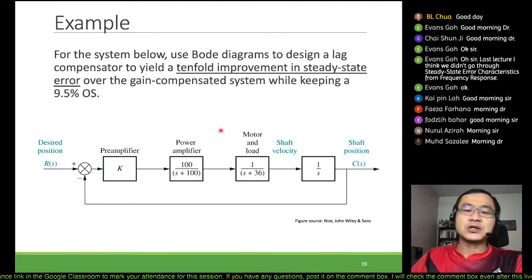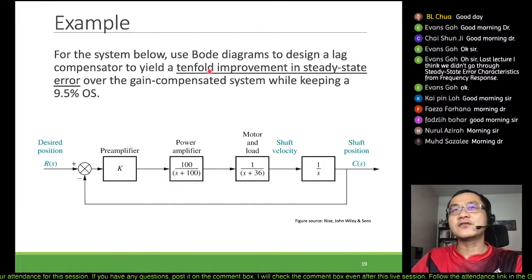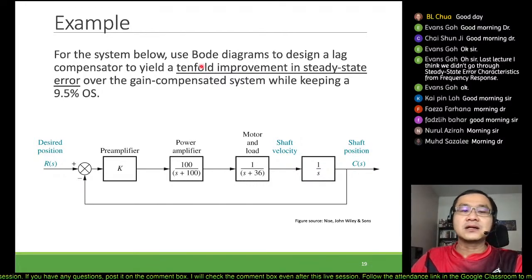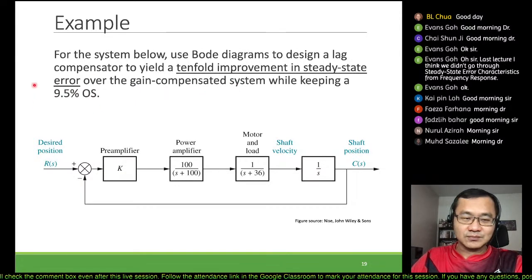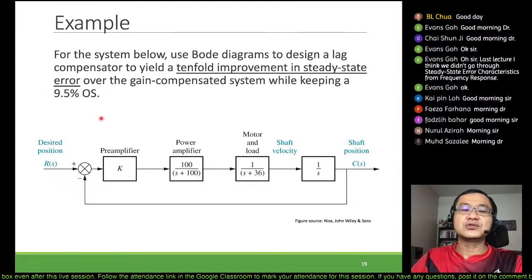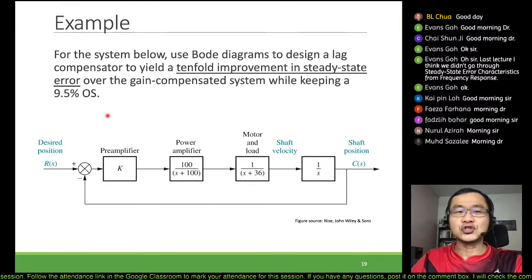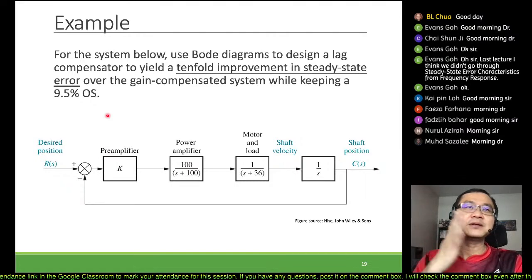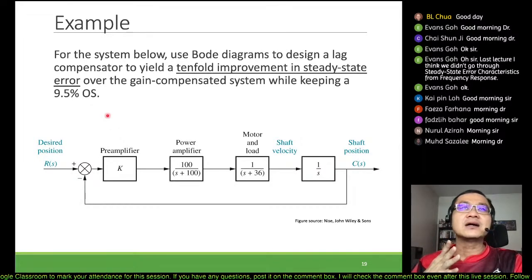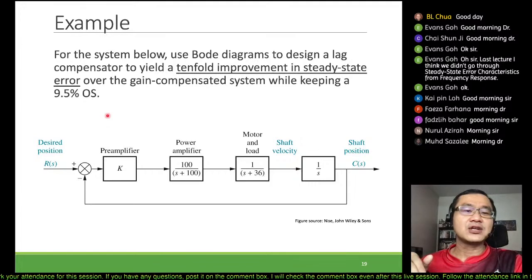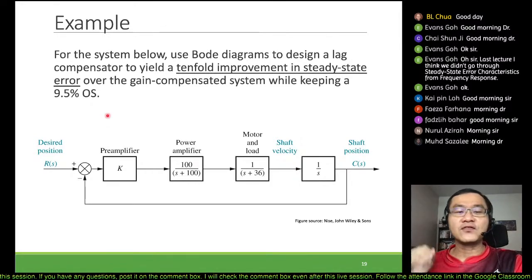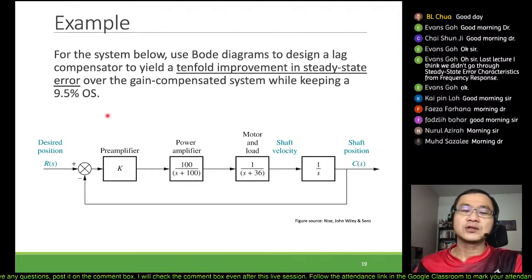In this case, what we would want is a 10-fold or 10 times improvement of the steady state error over the previous gain-compensated system, without much change to our original overshoot, which is 9.5 percent. Remember, previously we already designed the K value which meets this 9.5 percent overshoot; we got a K value of around 500 plus.